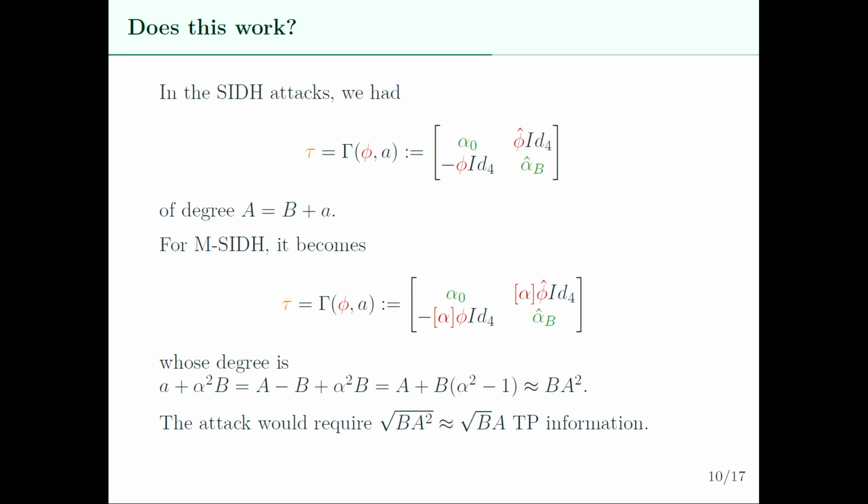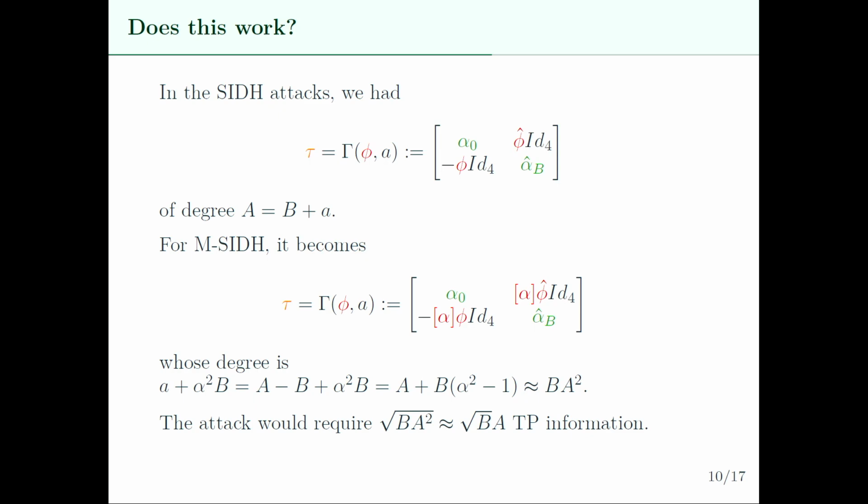Now what we have done is add a scalar such that computing pairings on torsion points does not give you any information on the scalar that was added. It doesn't give you any information because the torsion points have some order and you are computing everything modulo this order.